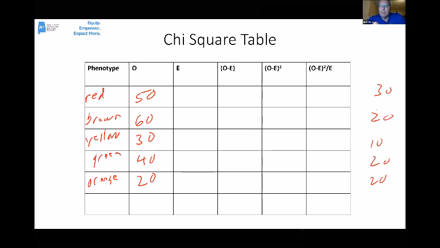To calculate the expected numbers, though, the first thing we need to do is add up all of our total sample. How many individuals are in our sample? So let's go 50 plus 60, 110, plus 30, 140, plus 40, 180, plus 20, 200. So we got 200 total M&Ms. So somebody unmute and tell me how many we should expect to have that are red.